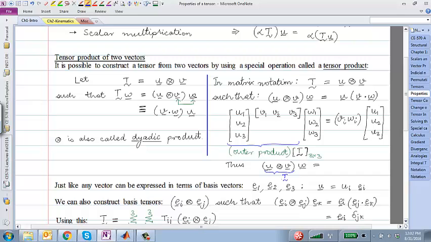This is T. Can I say that T acting on W is equal to all of this? Essentially, I'm asking you, can I say that this equality is valid? Can I say this?